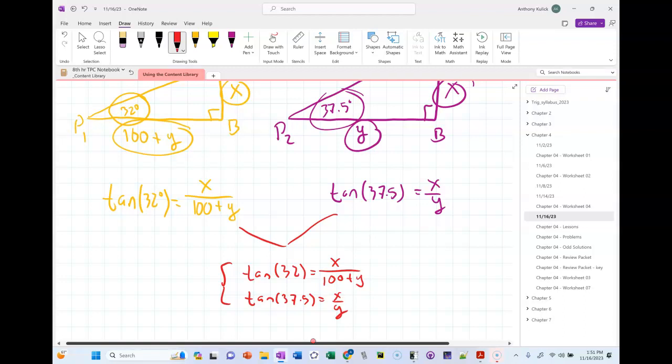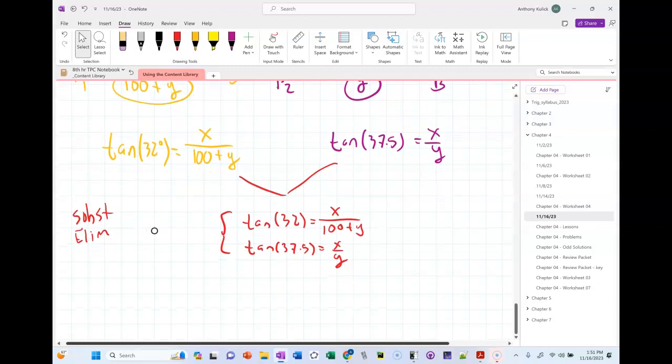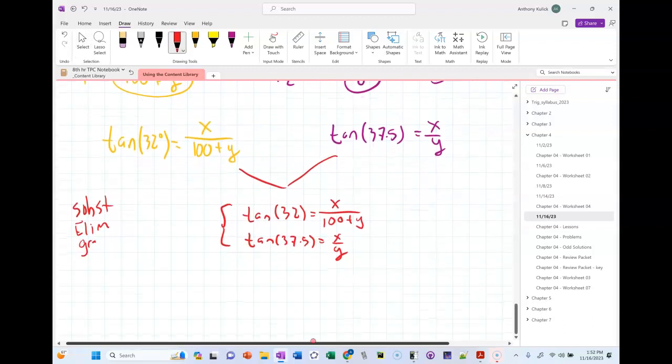Names of techniques to solve a system of 2 equations. Substitution would be one of them. Great. Elimination would be another. The third one you never remember was the first one you learned, graphing, right? You can graph them and find the intersection.